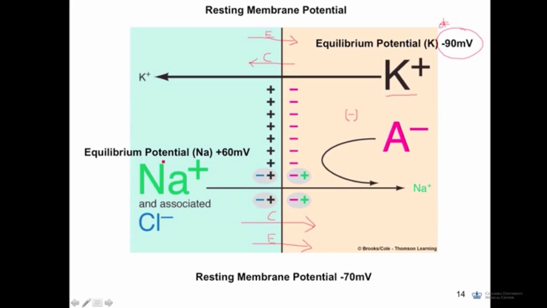Now let's say we allow sodium to freely cross the membrane. It's going to cross the membrane happily, very, very quickly and explosively even. So sodium enters the cell and it carries its positive charge with it. For every sodium ion that moves in, the inside of the cell becomes slightly more positive.